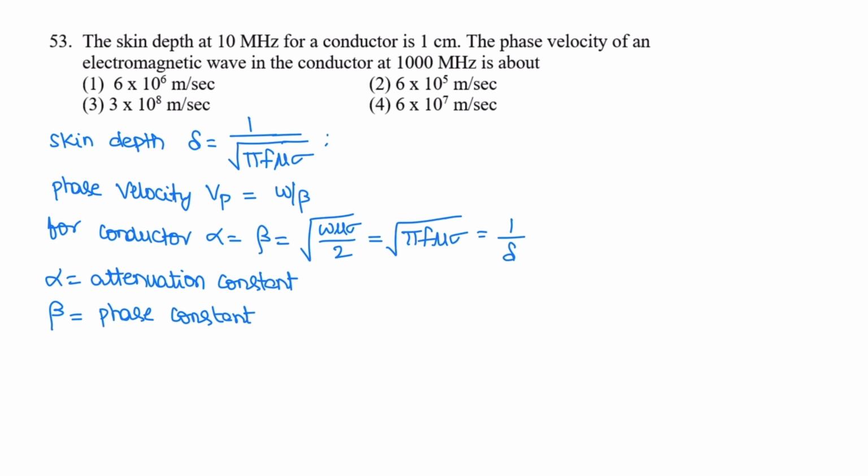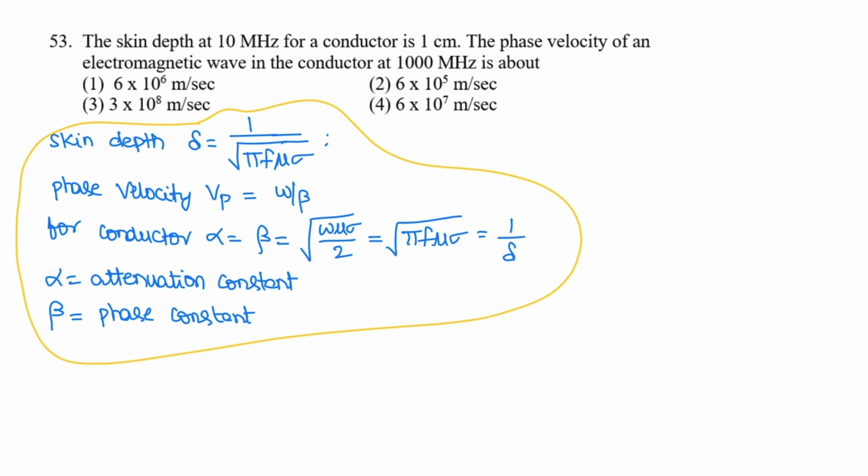For a conductor, alpha is equal to beta, where alpha is the attenuation constant and beta the phase constant. It is square root of omega mu sigma by 2, or square root of pi f mu sigma, that is 1 by delta. So these are the formulas related to this question.